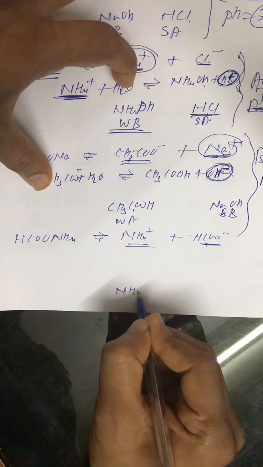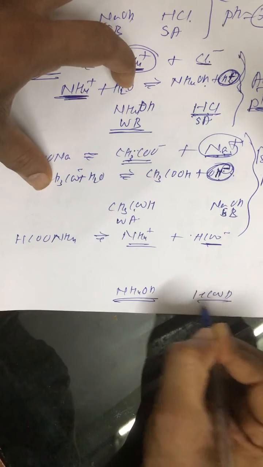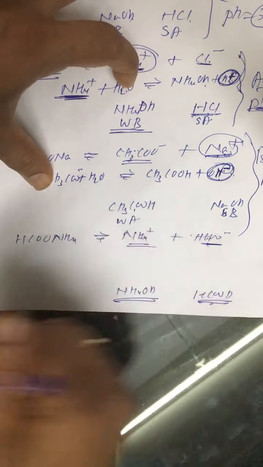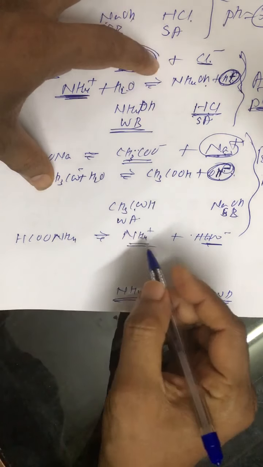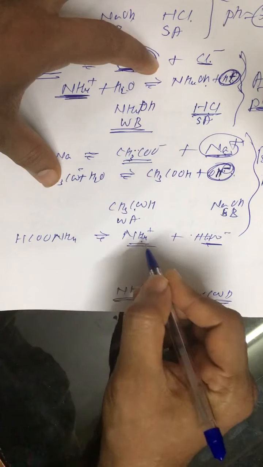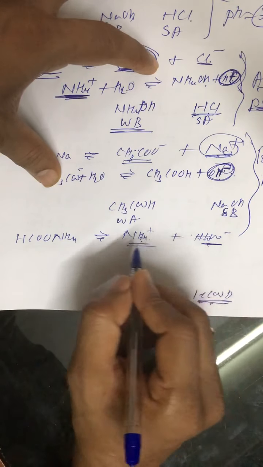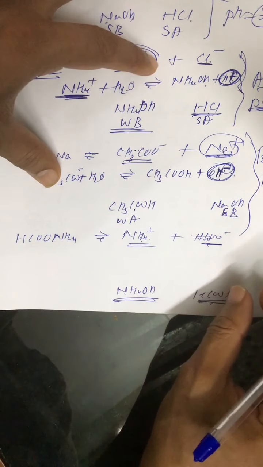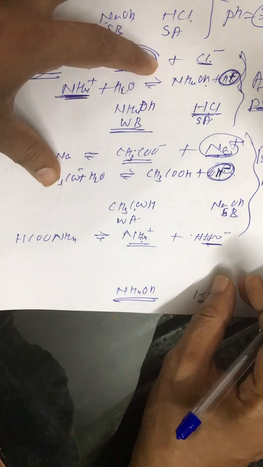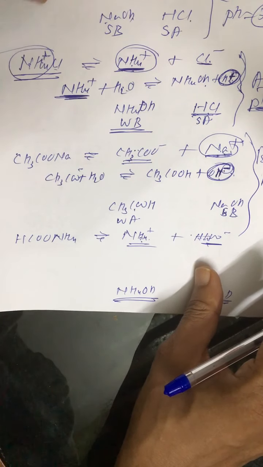Because NH4OH is a weak base and formic acid is a weak acid, so their conjugate parts are strong, so both parts undergo hydrolysis, and they produce H positive and OH negative. Normally their aqueous solution remains neutral or nearly neutral, slightly acidic or slightly basic, like that. So these are the four types of cases.